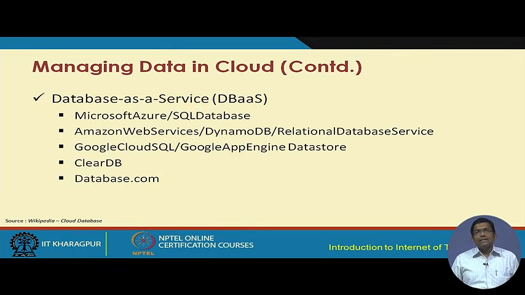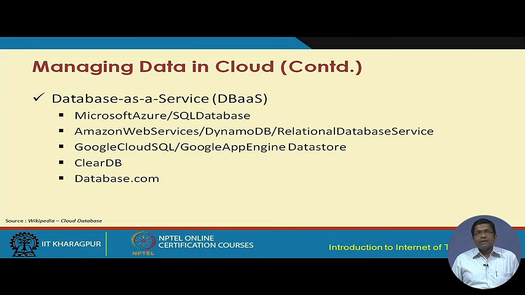For managing data in the cloud, we need some kind of service like database as a service, DBaaS, and that has to be integrated with cloud platforms like Microsoft Azure SQL Database.